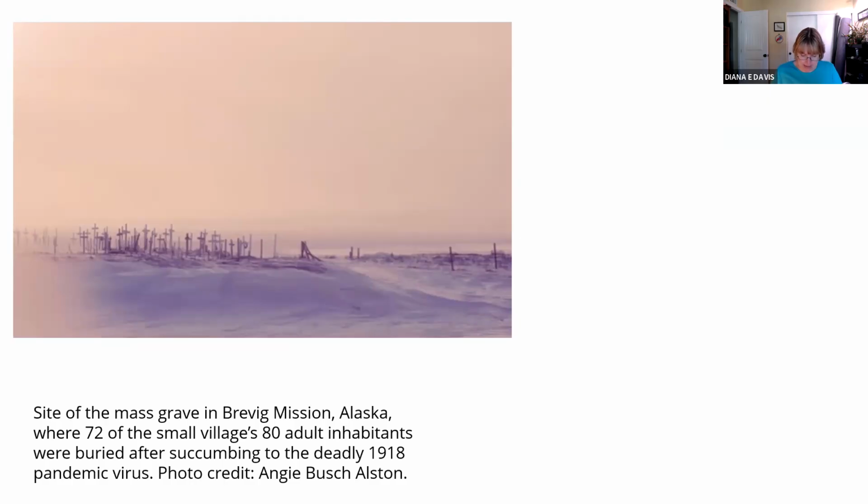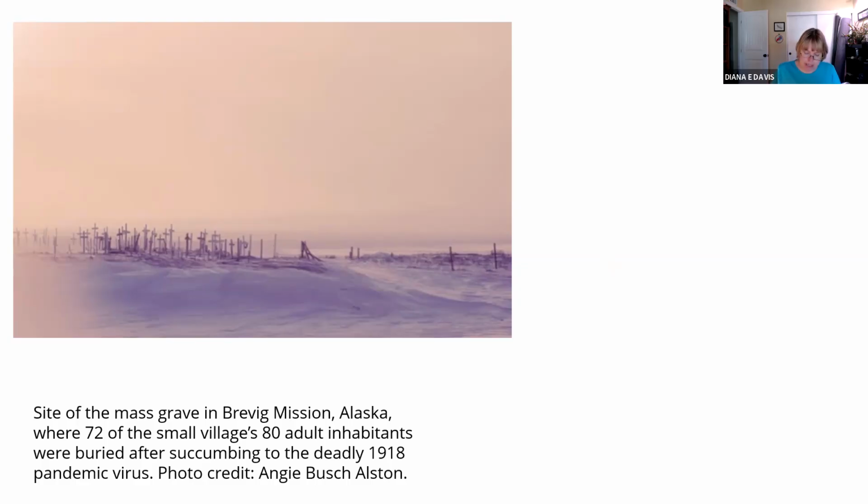Well, in the late 1990s, scientists were given permission to go to Alaska, where 72 of the small village's 80 adult inhabitants were buried after succumbing to the 1918 flu. 72 out of 80 adults died in the 1918 flu. This is the graveyard.